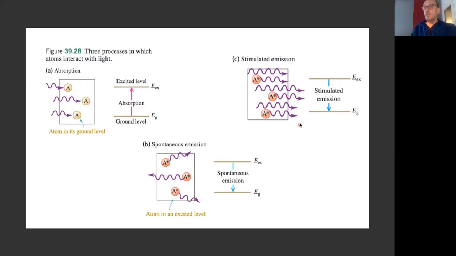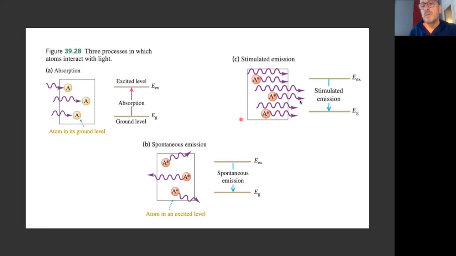The situation that I want to produce is the one that I have here, so that almost all the atoms are in the excited state, and I put a bunch of photons in with the right frequency. What I do is I actually stimulate them to decay to the ground state by emitting a photon that is in phase, essentially coherent with the incident photon.